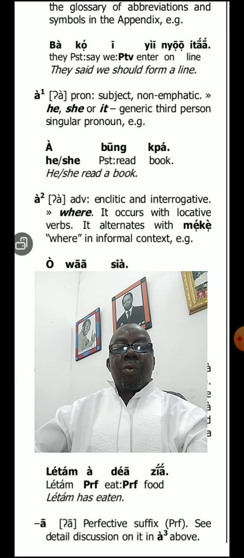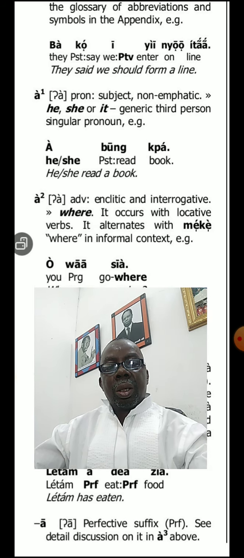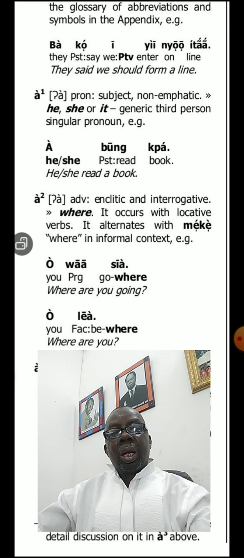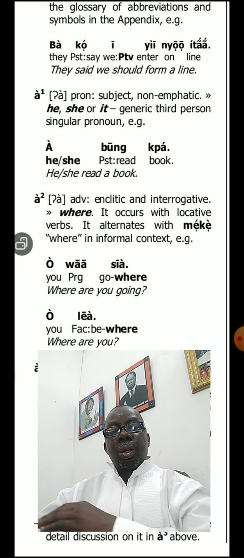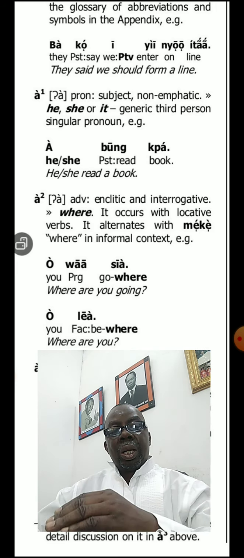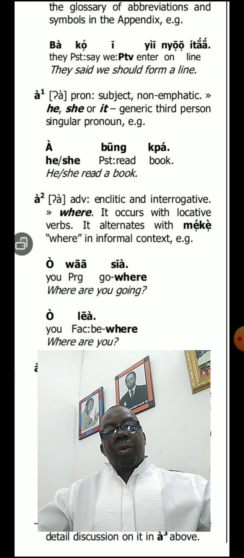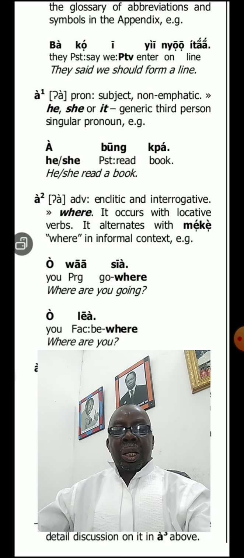Let me show you when the letter functions as a clitic. A clitic is a linguistic form that does not have freedom, but is often attached to a particular word, and the pronunciation of the word it is attached to is given alongside the pronunciation of the clitic. So you can have enclitic and proclitic in English.